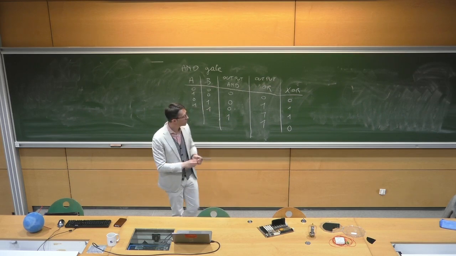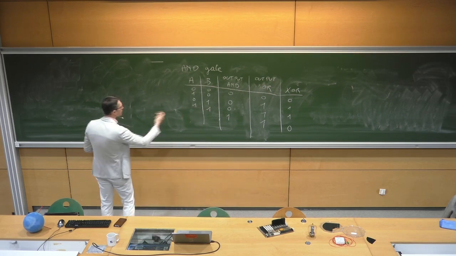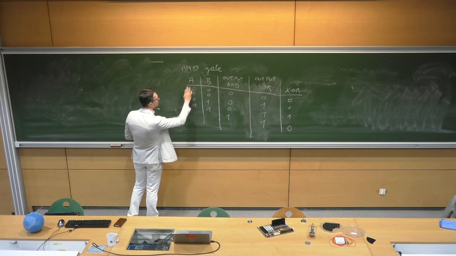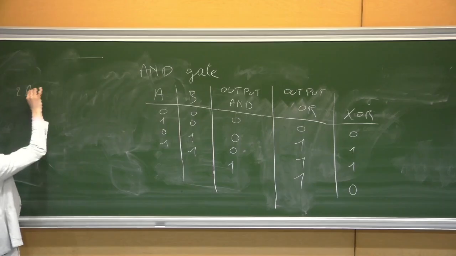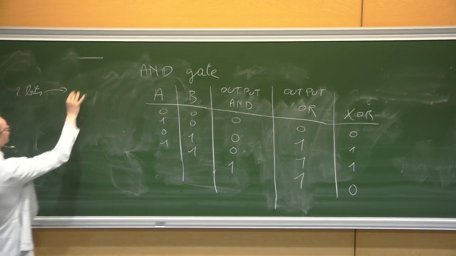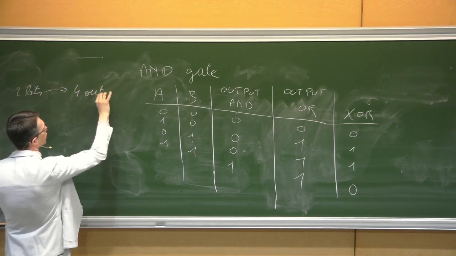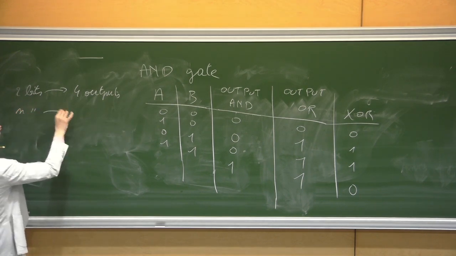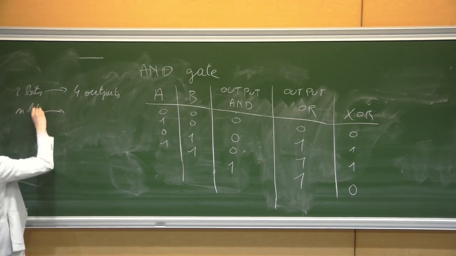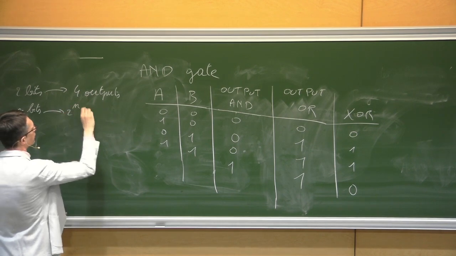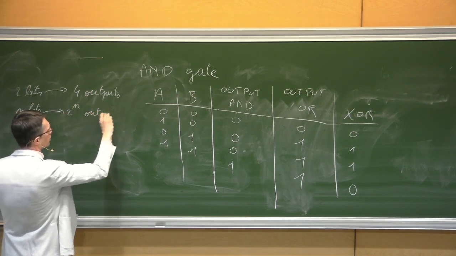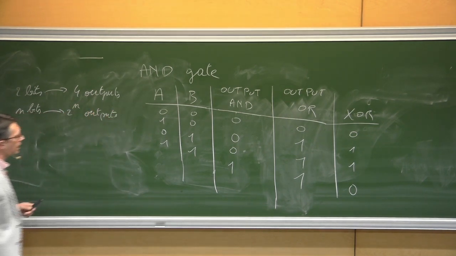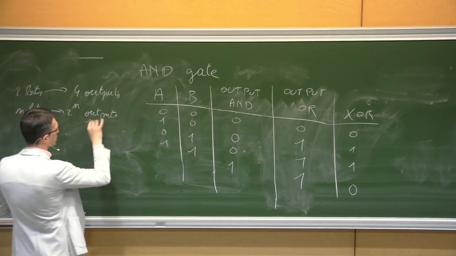One of the reasons is that, if I take this example here, if I have 2 bits, I have 4 possible outputs. So if I have n bits, I have 2 to the power of n possible outputs.